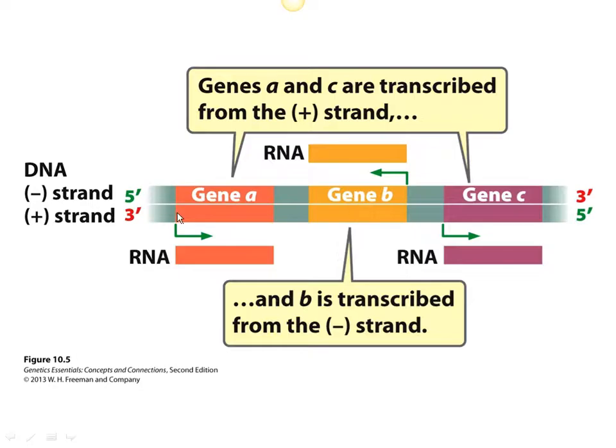So a certain gene might be transcribed from only the bottom strand, like shown here in gene A, but there could be a gene nearby which transcribes from the top strand. The only rule is that the strand that's transcribed has to have the correct polarity in terms of maintaining a 5 to 3 synthesis of the new RNA. But you can have genes back to back like this that are transcribing from one strand or the other.